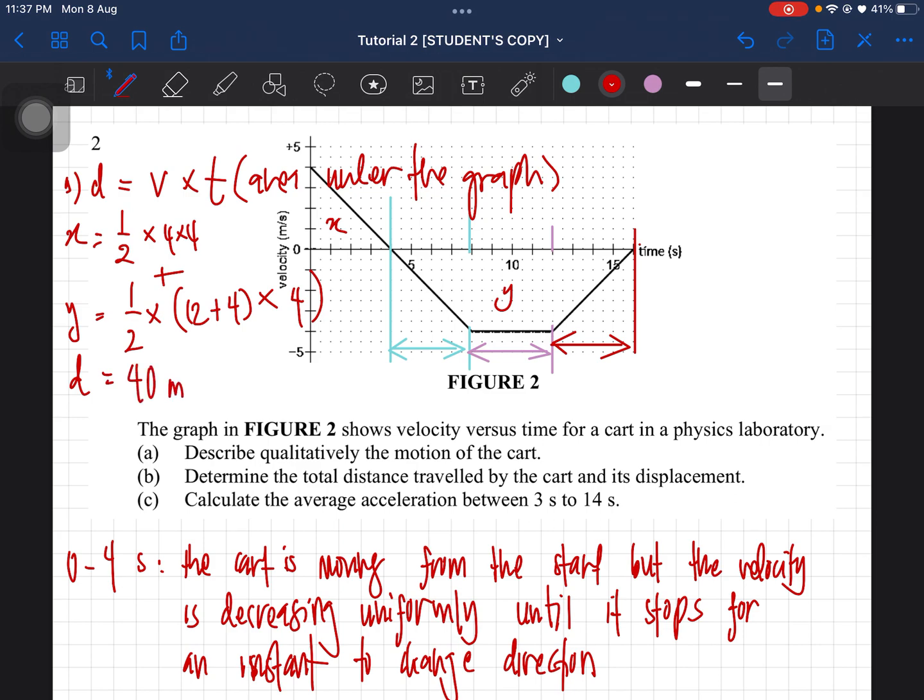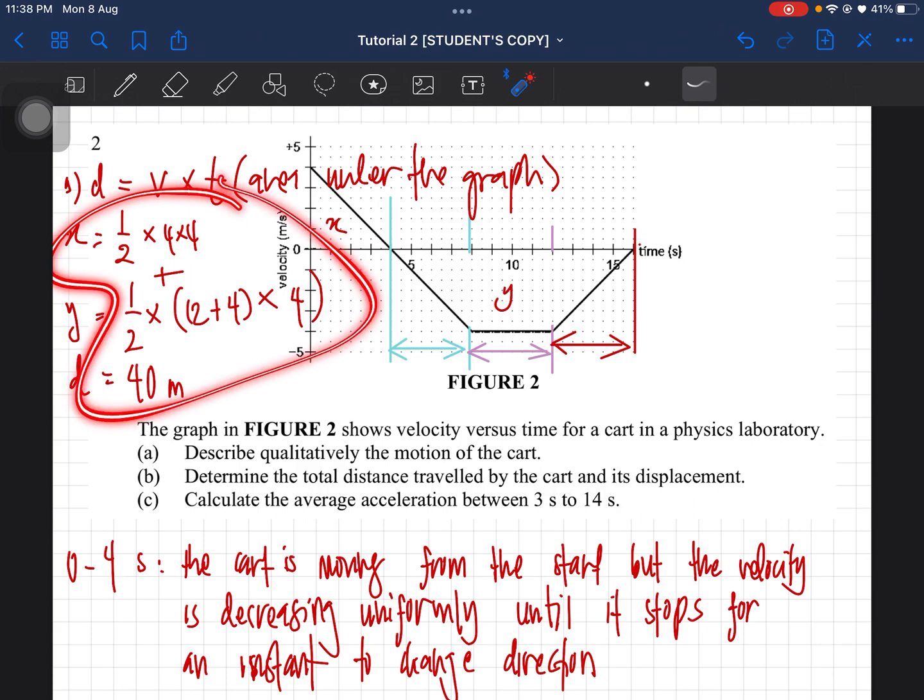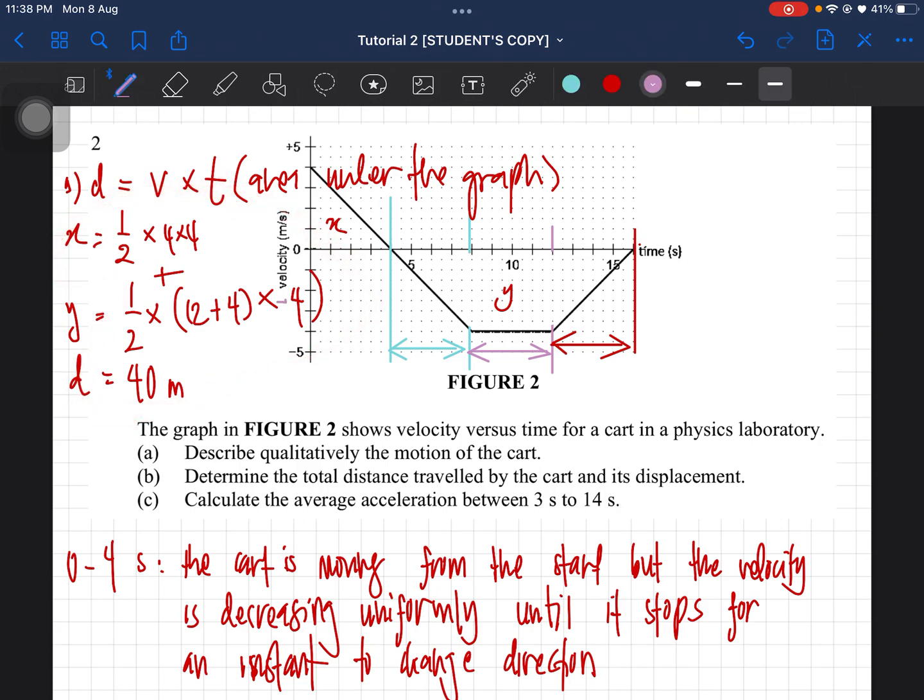The displacement is the same, but you have to add a negative value, which is negative 4. Why? Because at this point it changed direction, so the displacement is different. So displacement is going to be negative 24 meters.